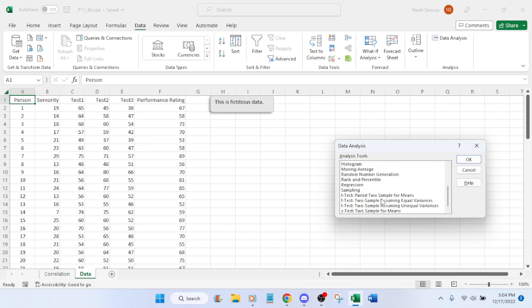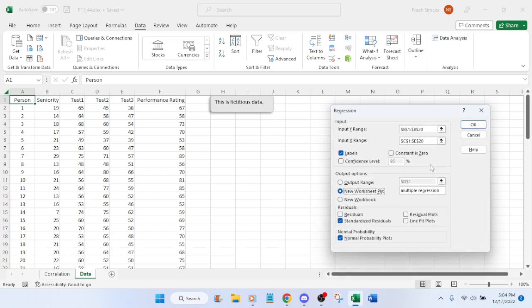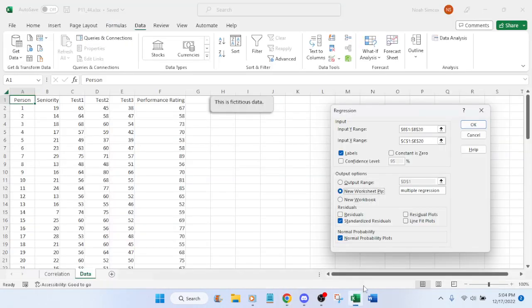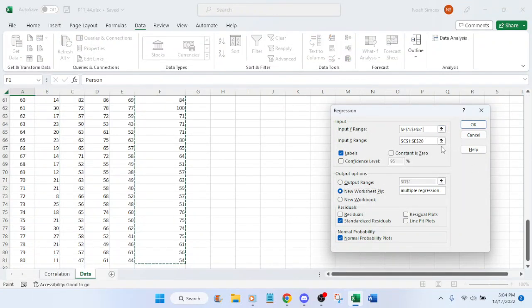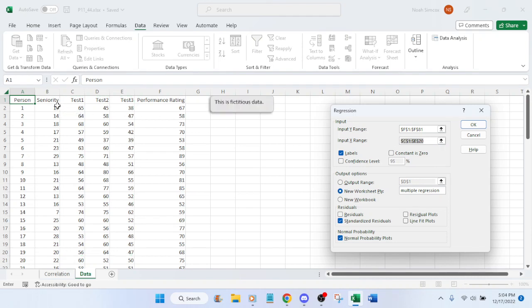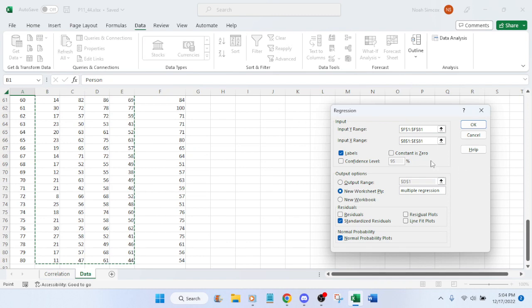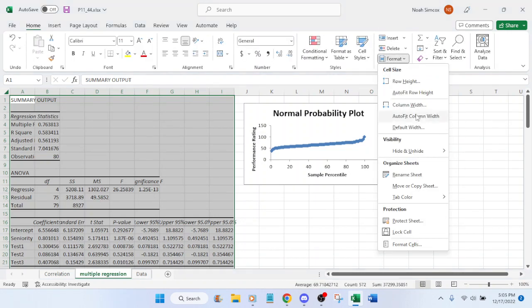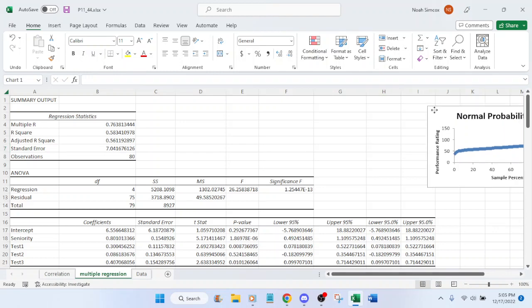Where's regression? Regression. Input range. We want performance rating as the Y. X will be all these 4. And new worksheet.